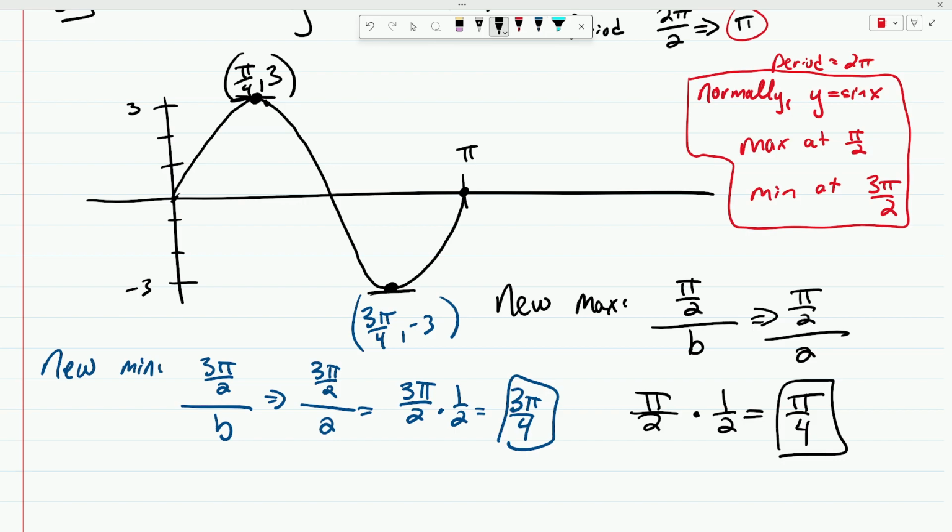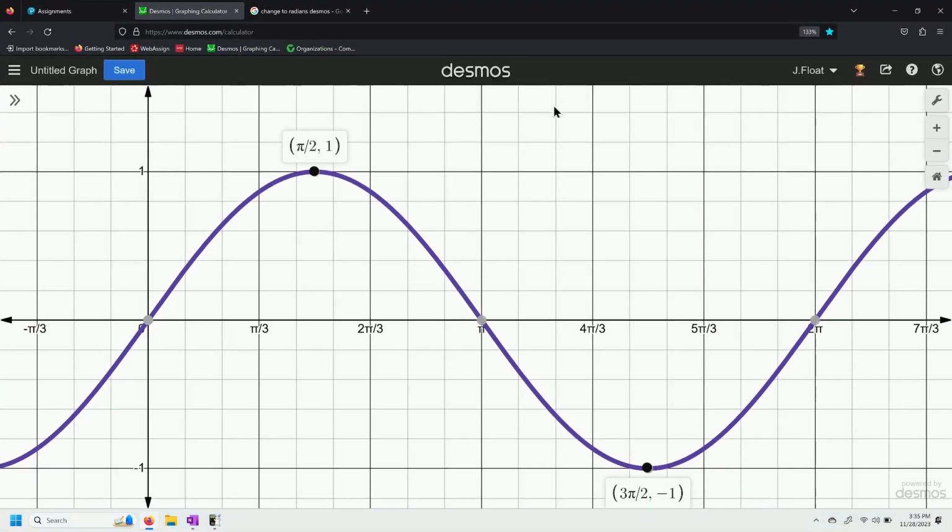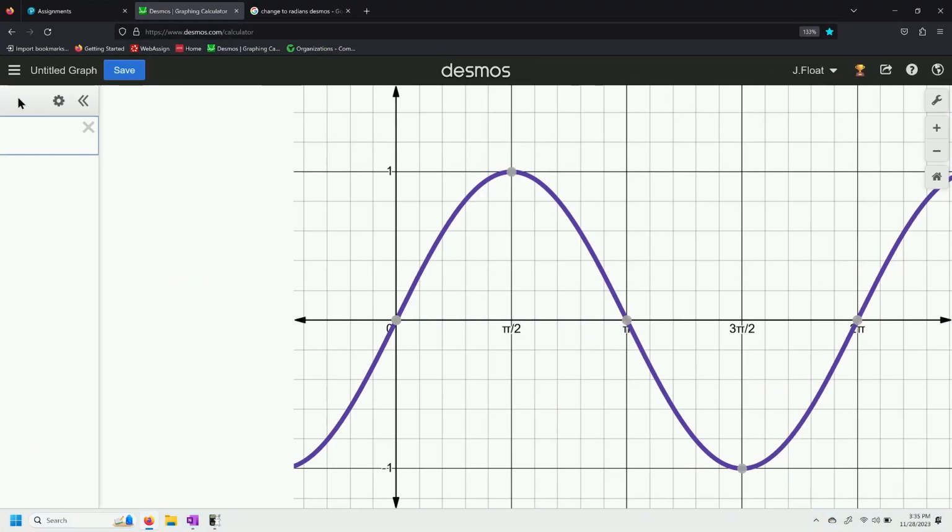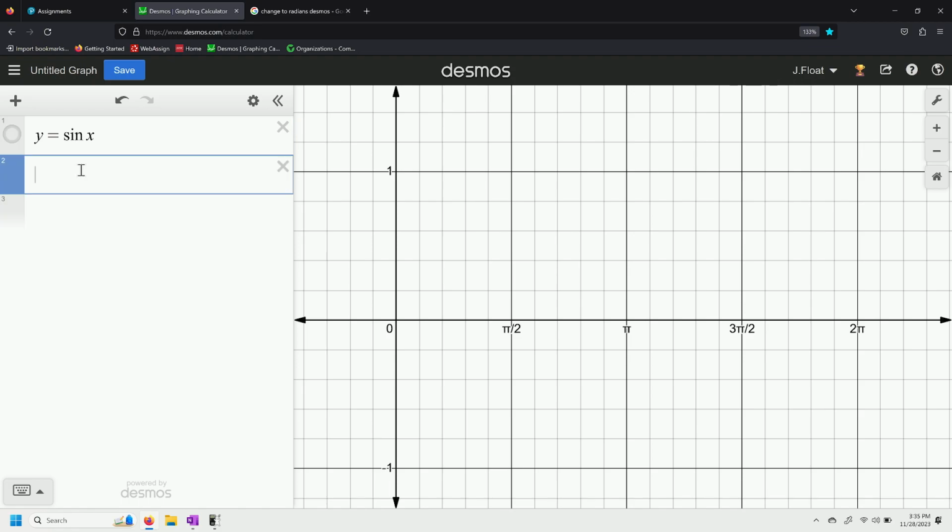To be 100% honest with you, the easiest thing to do is to just go right into Desmos, just to verify. So let's turn off this graph. Let's type in ours. y equals 3 sine of 2x.